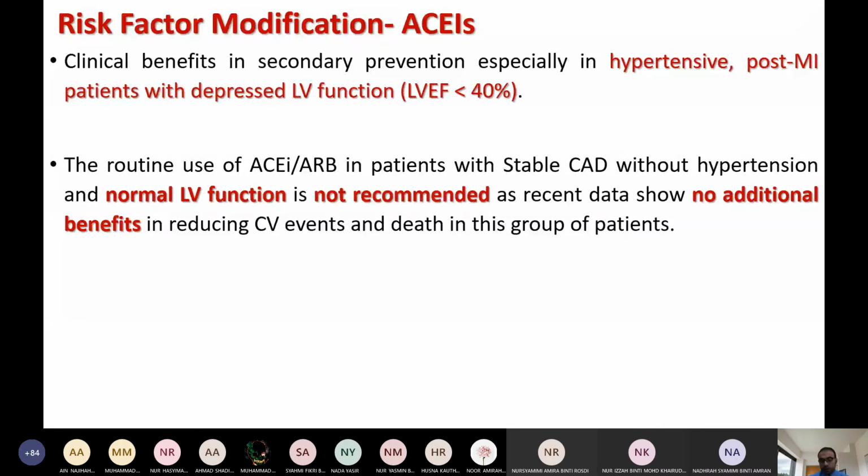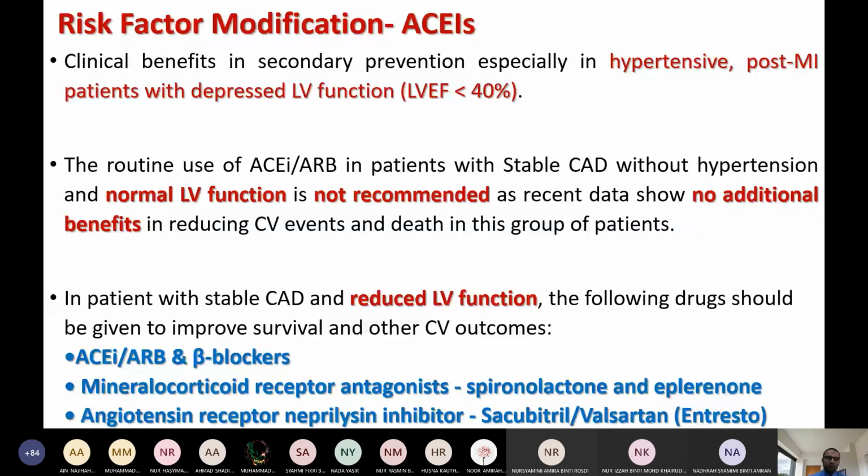So in patients with stable coronary artery disease in general and reduced left ventricular ejection fraction, usually they can have a benefit and a survival benefit from this medication. I think this was discussed in detail with heart failure last year with me in the introduction, and also with Dr. Eid this semester in the pharmacotherapy for heart failure. So I will not go into details again for this one.